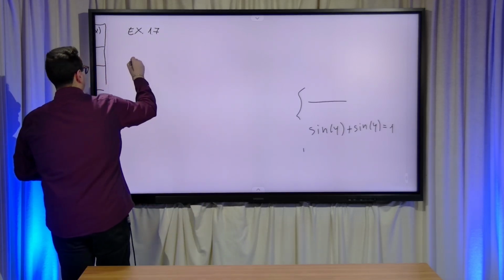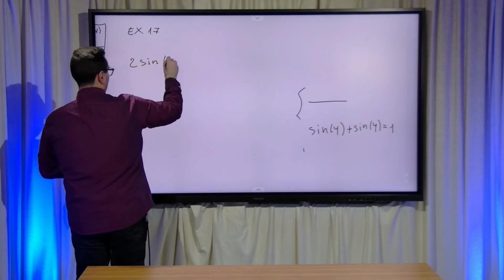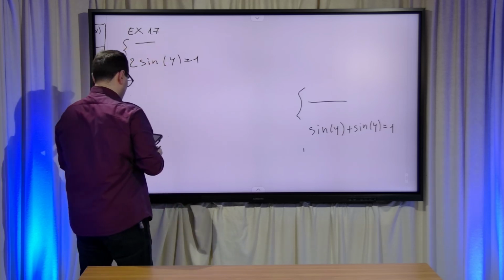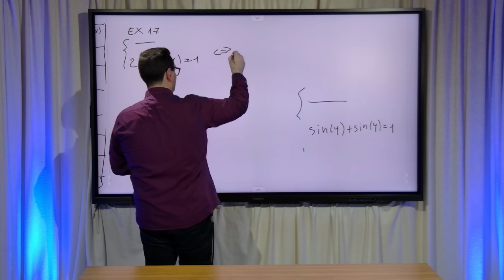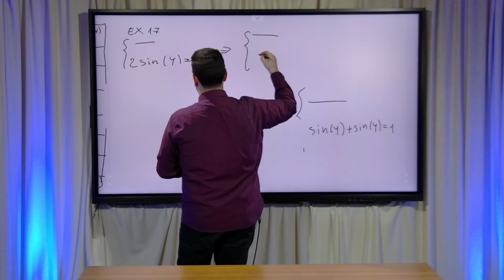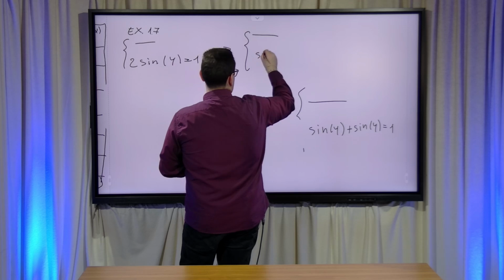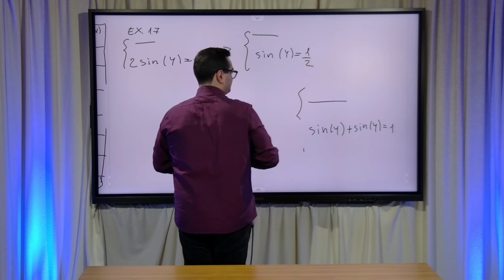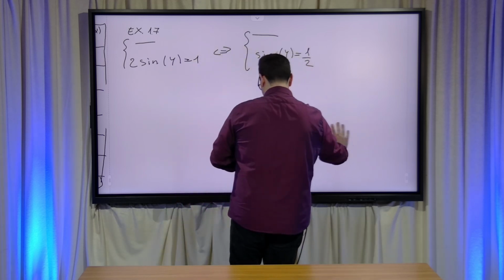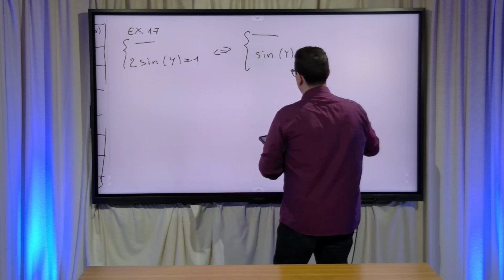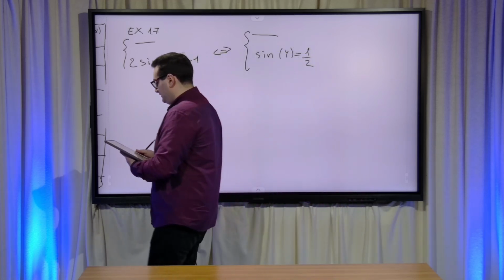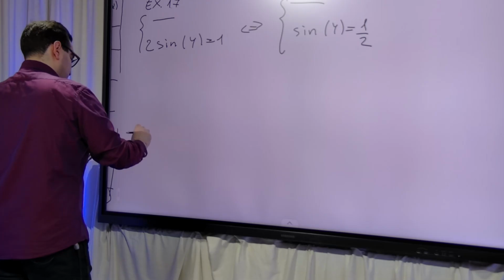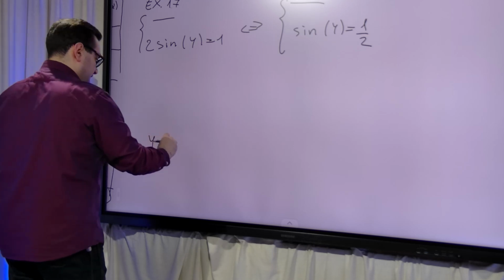From that, I get 2 sine of y is equal to 1, the second equation. And again, the first one is untouched, so I'm solving just the second one. Now, this one is an equation that we solved before, so I just report here the result.